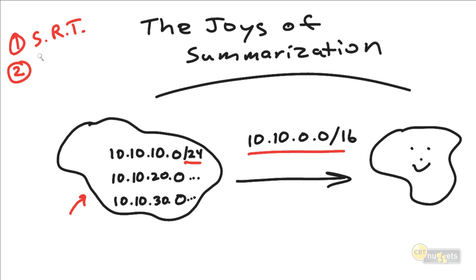Let's talk about the second benefit. When one of these things fails, when there's some kind of a change, notice we do not have to do anything with this particular update. So we're reducing update traffic. What is that doing? Second benefit, we are saving on bandwidth.